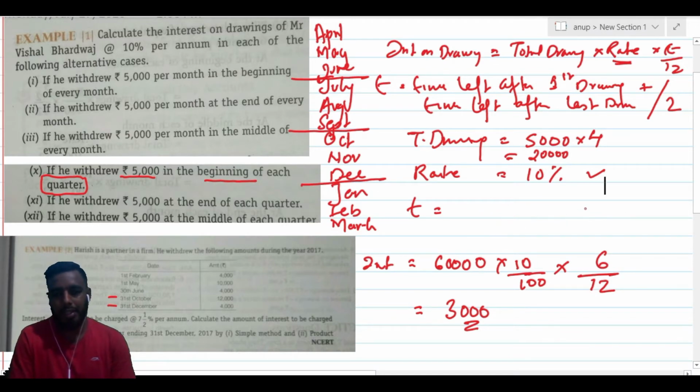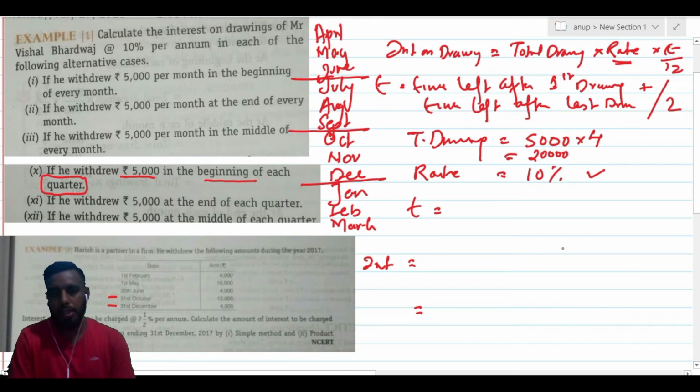Just a little bit of understanding here. Since they are withdrawing quarterly, they are withdrawing in the 1st quarter, 2nd, 3rd and 4th quarter. So it is very important to understand the time. The first drawing will be at the beginning of the first quarter, which is 1st April.